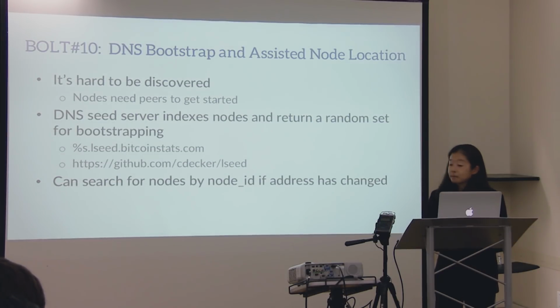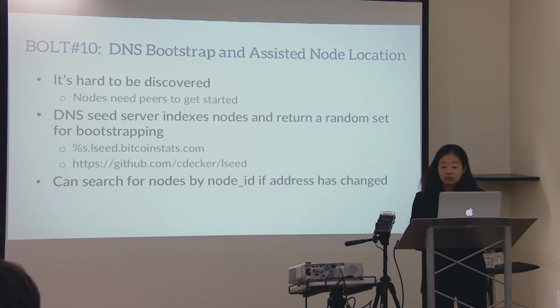When a node first spins up a Lightning instance, it doesn't have any peers yet, so you need peers to get started and find out information about what the rest of the network looks like. There's currently a DNS seed server that indexes nodes and pulls out a random set of nodes for bootstrapping, similar to the one used in Bitcoin.